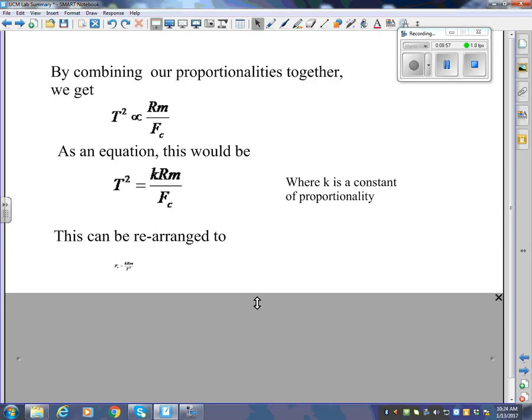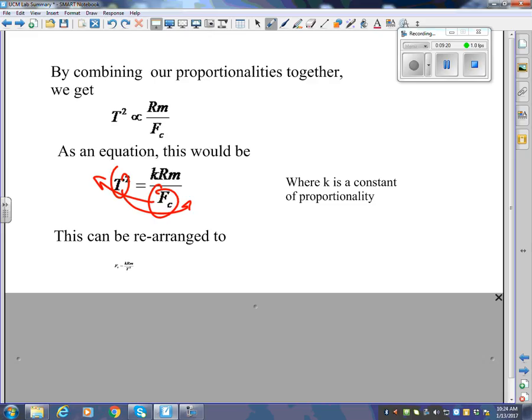So, we can rearrange this. Because we really want a formula that gives us centripetal force, I really want this guy up there. But that means I've got nothing down here, so I'm going to take the T squared and put it down there. I'm thinking you guys can do that mental gymnastics now, that algebra kind of thing.